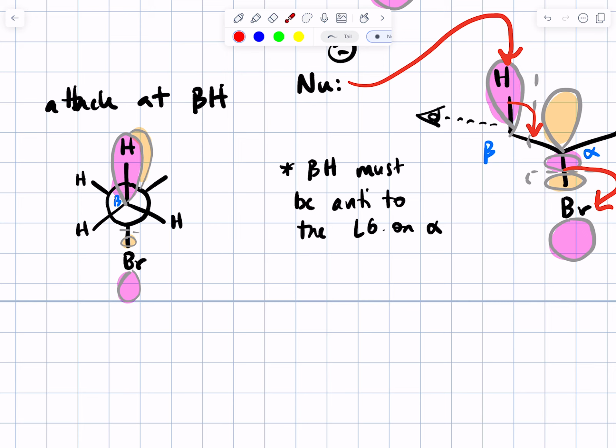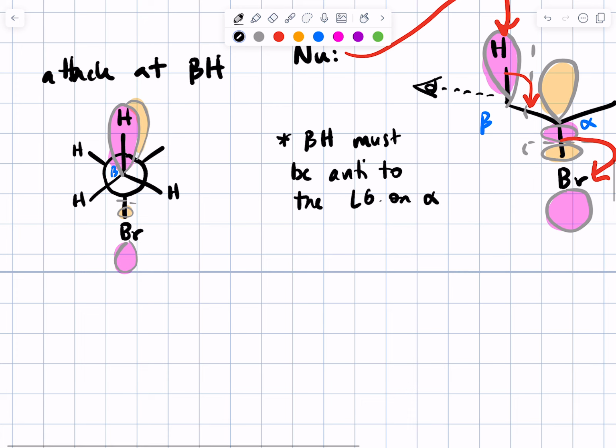Okay? That's a requirement in chapter 8, that arrangement, the beta proton anti to the leaving group, anti but in the same plane, is called anti-periplanar, and it has stereochemical consequences, which we should talk about.